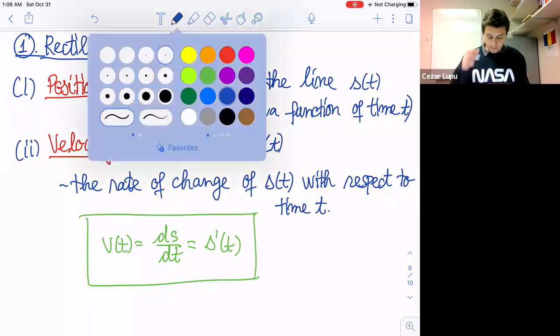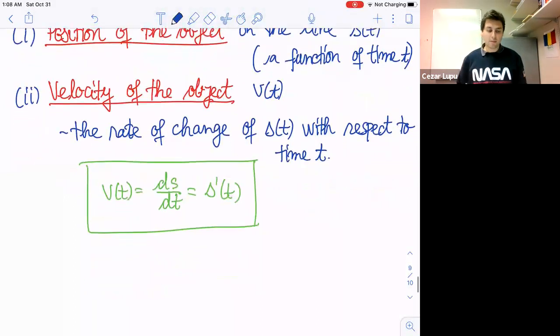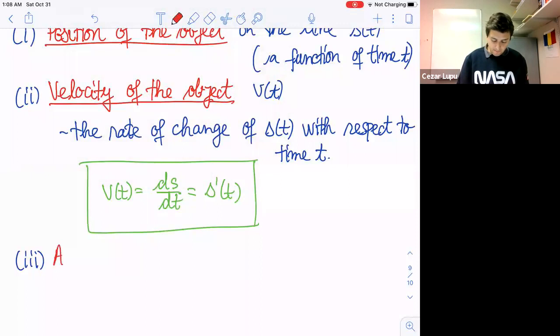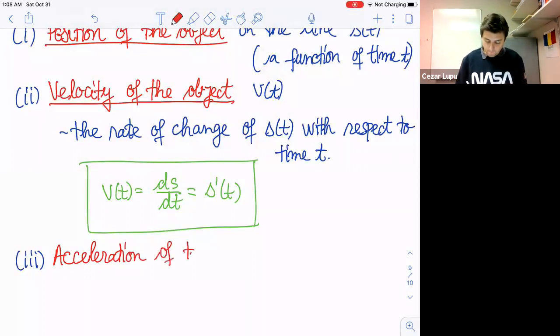Okay. Now let's see the third one. We would like to talk about the acceleration, and you will see that again this will be another derivative. So the acceleration of the object. And we will call this a of t, right?